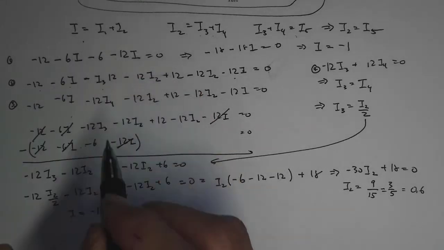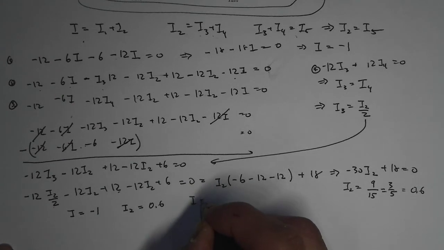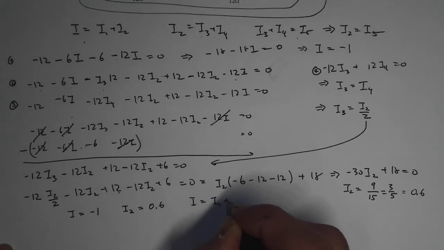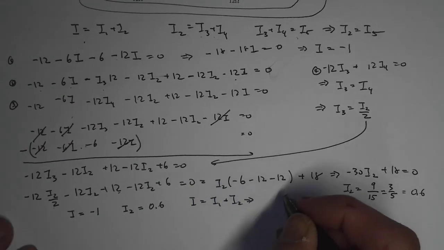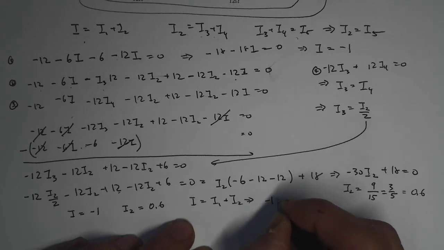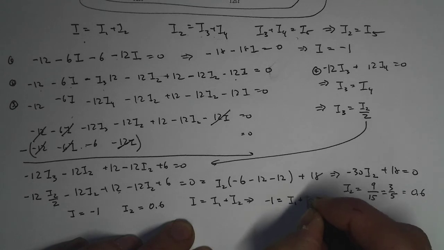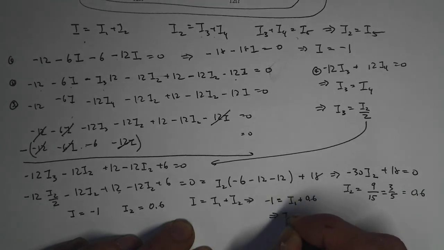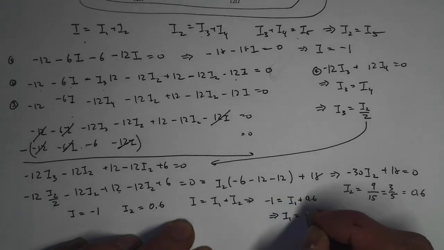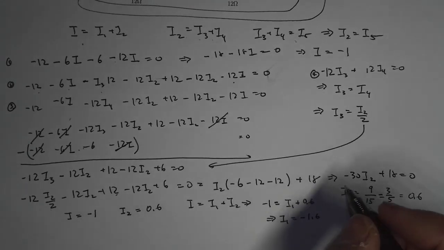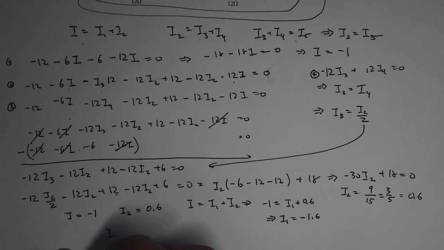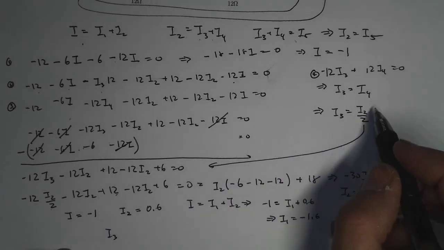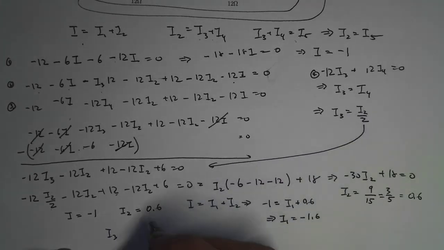We know from up here that I is equal to I1 plus I2, which implies that minus 1 is equal to I1 plus 0.6. So I1 is equal to minus 1.6. And I3 and I4 are the same thing, given by I2 over 2, so this is equal to 0.3.